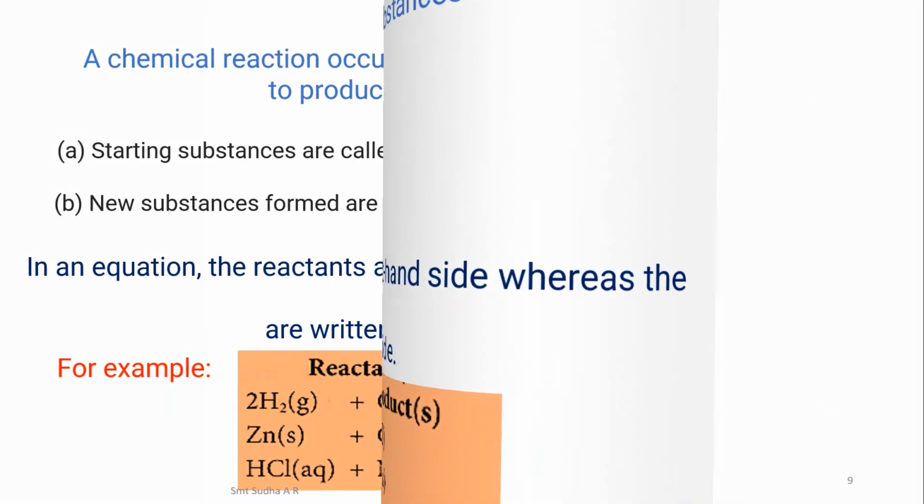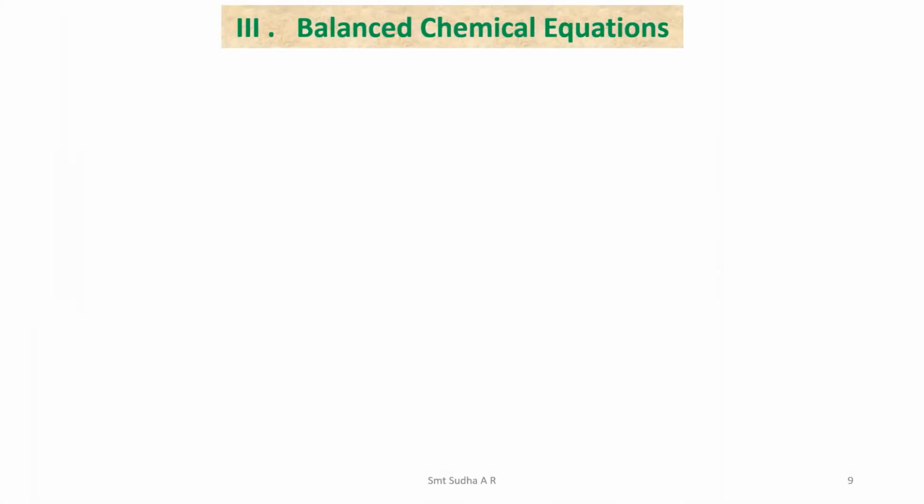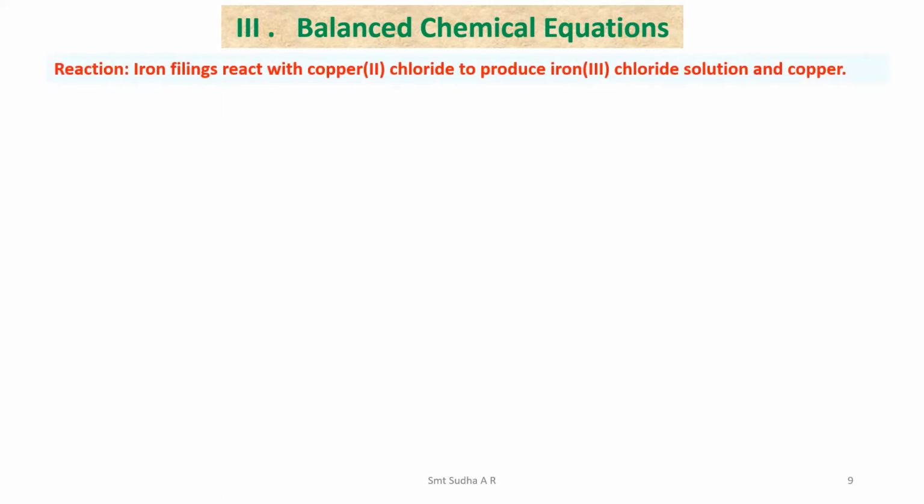Okay, let us move on to the next topic. How are you going to balance the chemical equation? That means a balanced chemical equation. About this we are going to learn now. Suppose, according to your textbook, they have written one sentence: in the reaction, the iron filings react with copper chloride to produce iron chloride solution and copper.